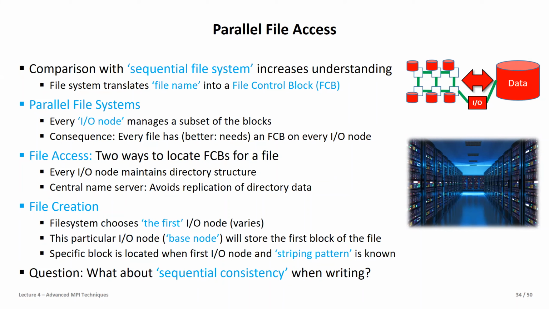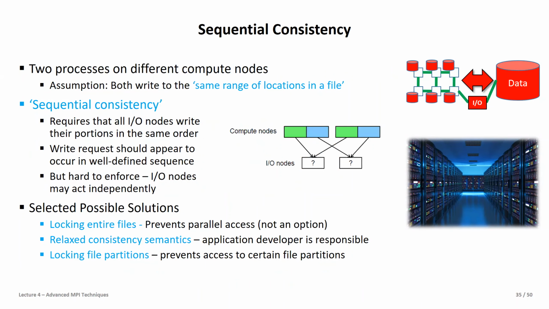And this is a quite interesting part. When you're writing, you can imagine that this has lots of implications, and one of them is the so-called sequential consistency. When you think about sequential writing to these different files, you would have two processes on different compute nodes, and the time when they really have access to the IO node matters.